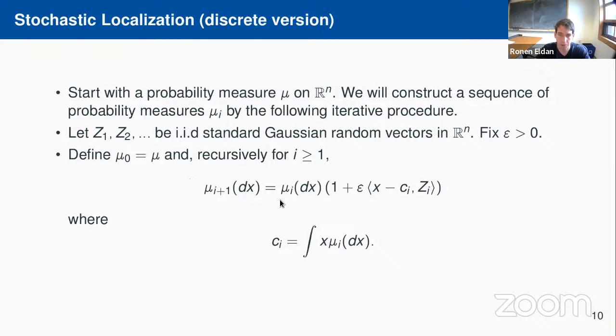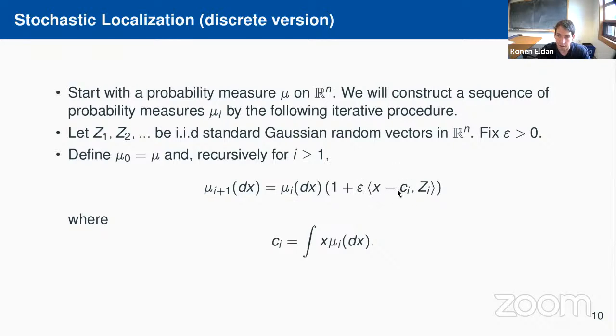Given that we've already constructed the measure mu_i, the next measure in the sequence, mu_{i+1}, will be constructed by taking the measure mu_i and multiplying its density by a linear function. This is just a linear function of x here. The gradient of this linear function will be random. So it will just be a Gaussian, which is independent from the past, times some small epsilon.